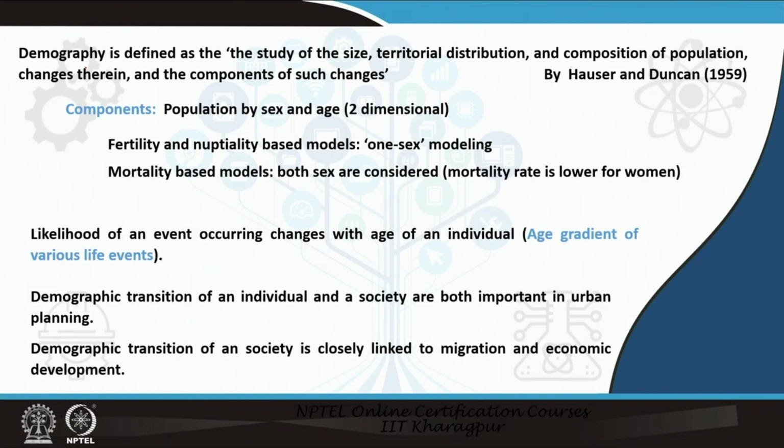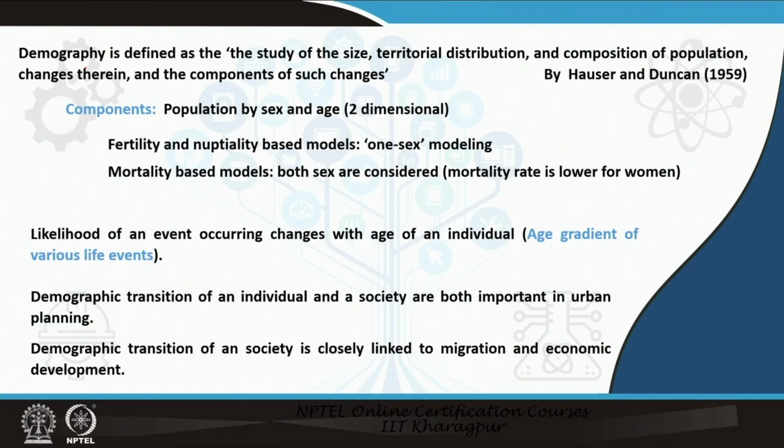So, both of these, the mortality and fertility based models, use certain demographic indicators such as fertility or mortality, and as you can see, all these indicators change with different ages. That means the likelihood of a person of an older age to die is more compared to a person of younger age.